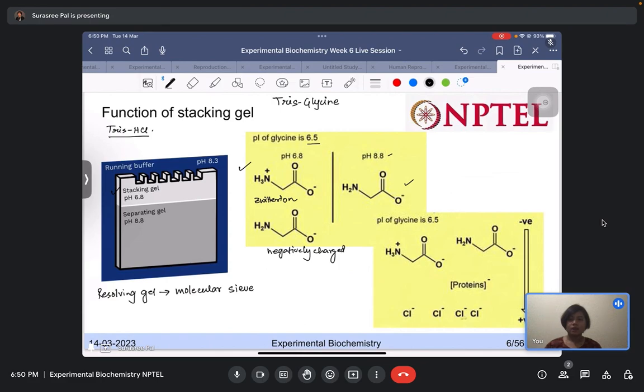Now in this buffer component there is HCl, so there are a lot of chloride ions because the buffer is tris HCl. Now chloride ions are very small ions, so obviously when we apply an electric field, the chloride ions will migrate fastest.